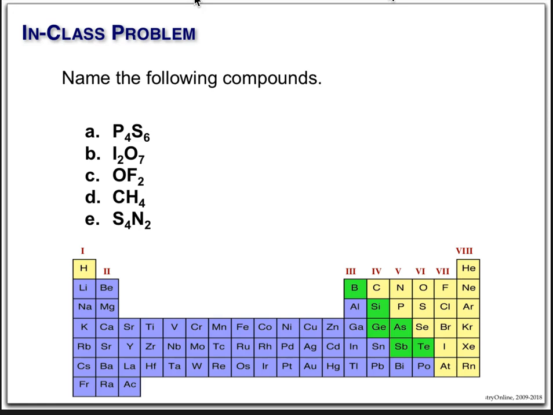Phosphorus, right? And we have 4 of them. So we're going to call this tetraphosphorus. And we have 6 sulfides. 6 is hexa. Tetraphosphorus hexasulfide.